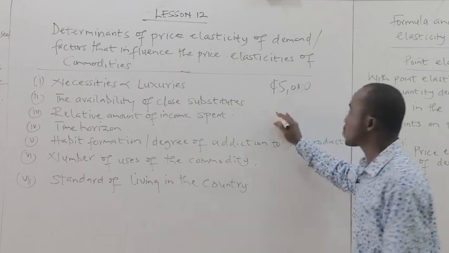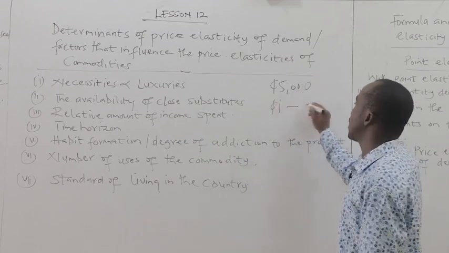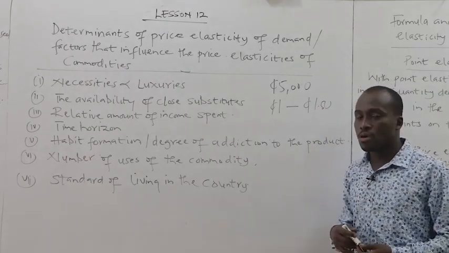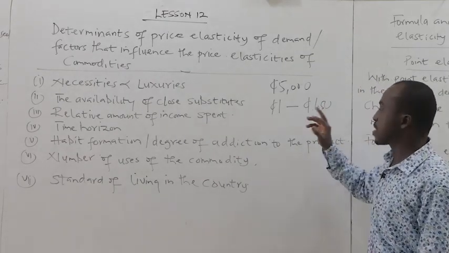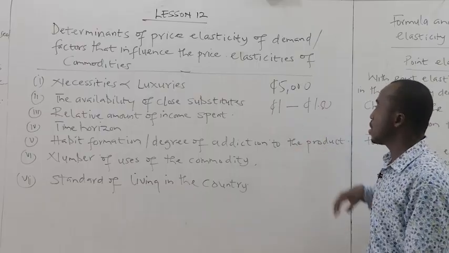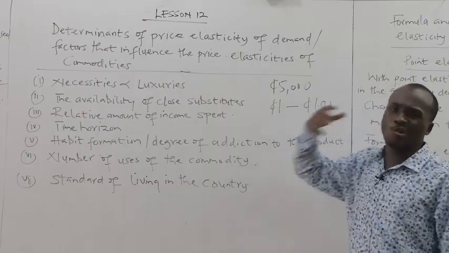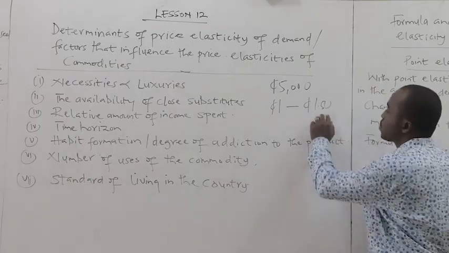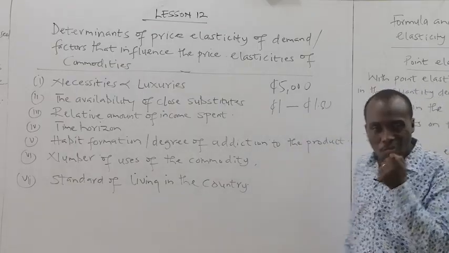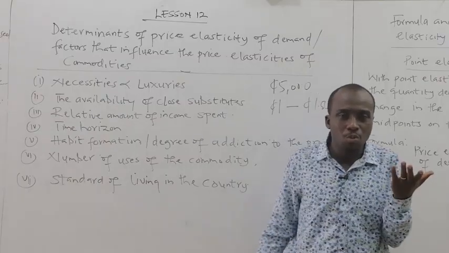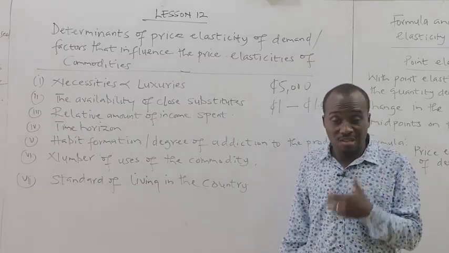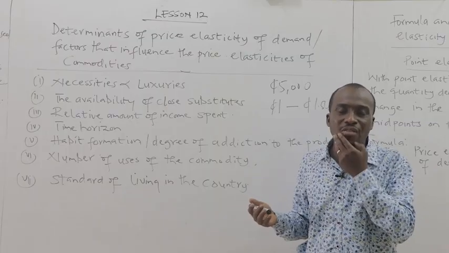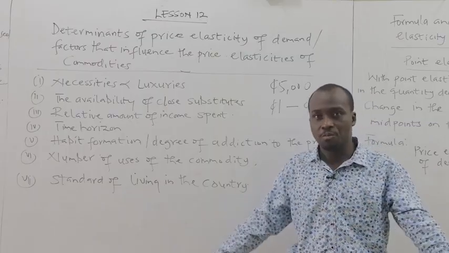The pen was 1 cedi, now the pen is 1 cedi 50 pesewas. You see that the price has increased from 1 cedi to 1 cedi 50 pesewas. But the person earns so much money, the salary is so large, that these 50 pesewas constitute a small chunk of his income. What is 50 pesewas to somebody who earns 5,000? It's negligible.